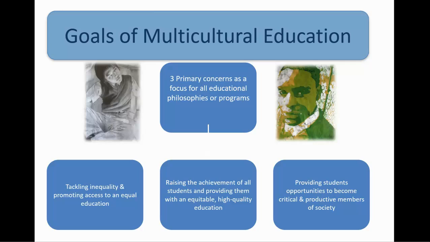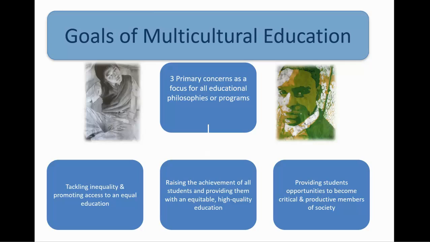So, really, what we want to think about is for all schools, for all educational entities, that we need to think about ways that we can create more equitable distributions within our schools to try to tackle inequality.